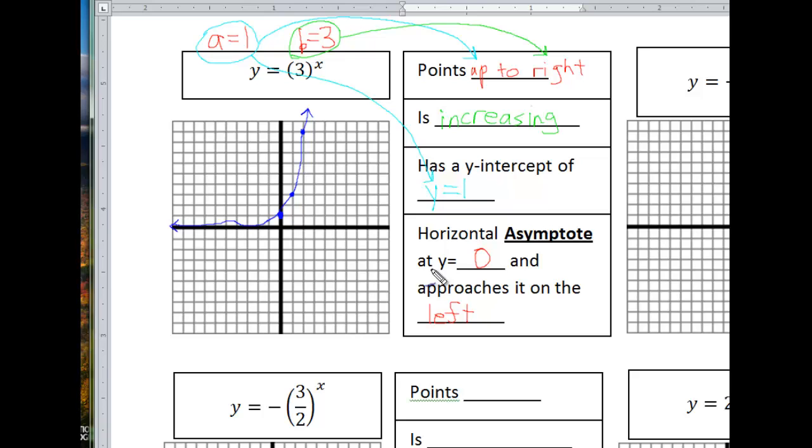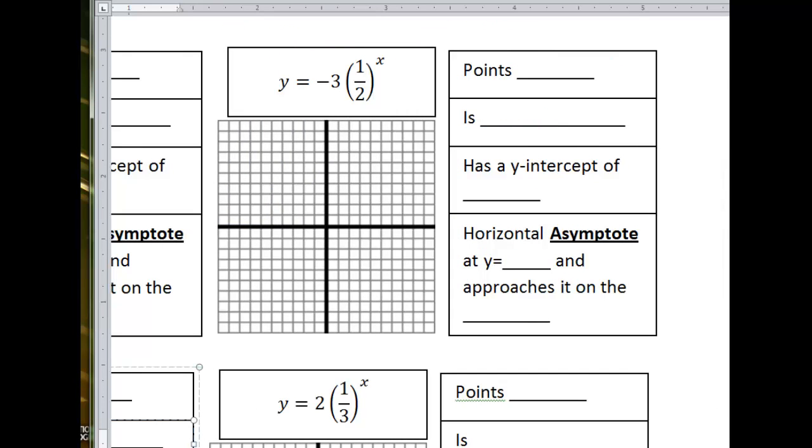Let's look at another one. What if we have this one? Y equals -3 to the 1/2 x. Well, again, let's start out by listing our variables. We know that a, in this case, is -3, and b is 1/2. So, what do we know then? A is -3, so that means that it's going to point down.